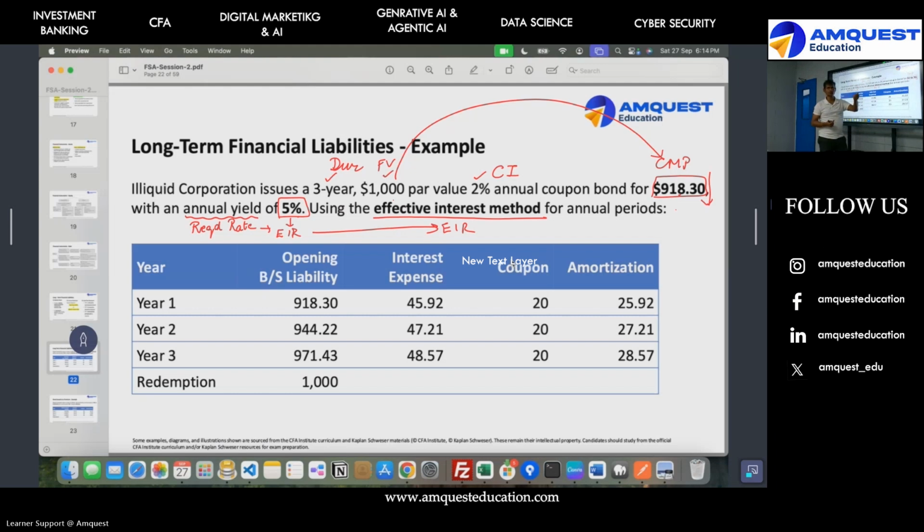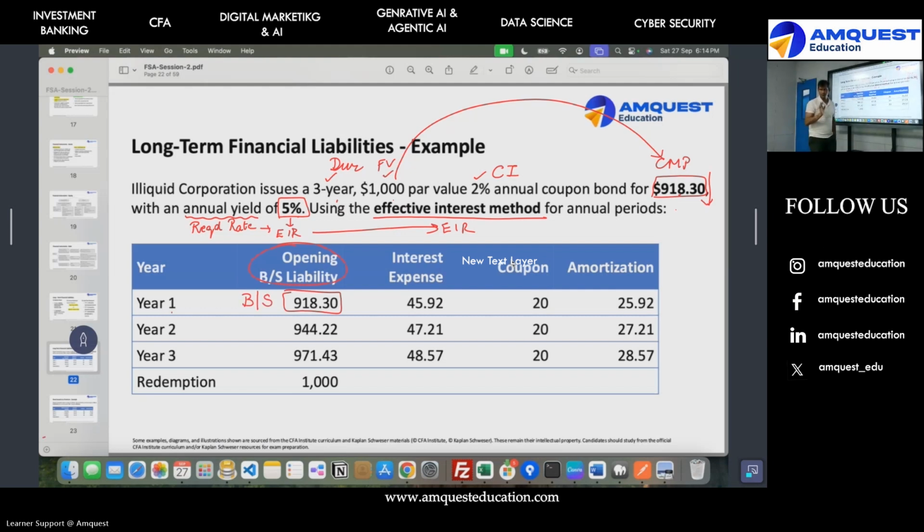The company that sold the bond receives 918. So the company's opening liability will be 918, not 1,000, because the 1,000 is due after 3 years. But today, when it issued the bond, the value in the balance sheet will be only 918.